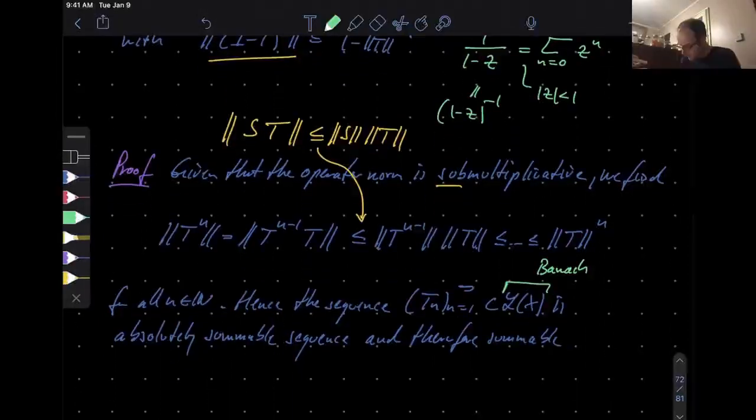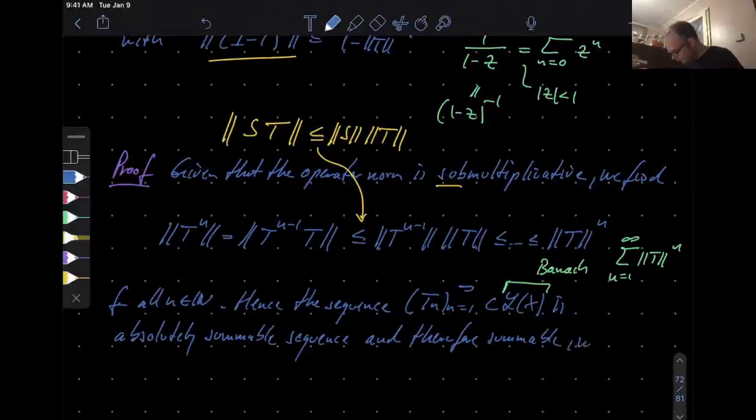So the sequence that you're looking at here, you can run it from 0 or from n, it doesn't matter, is this guy. And well, the operator norm of T is strictly less than 1. So that series there is convergent because of the ordinary geometric series. Okay, that's why this sequence is summable.